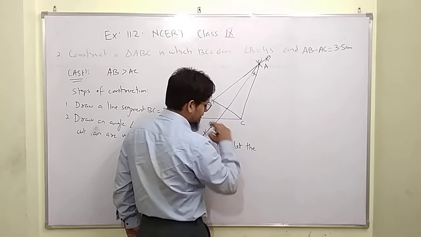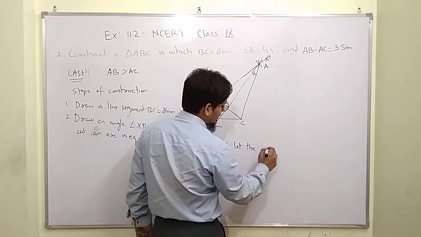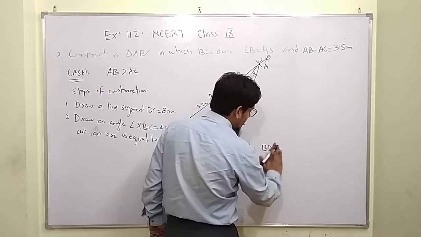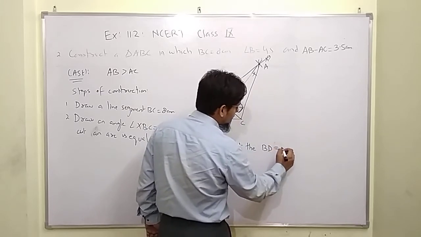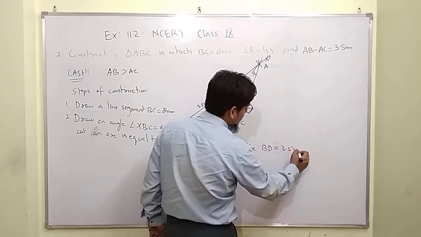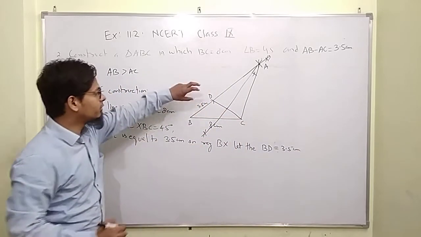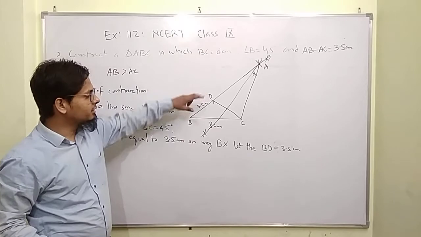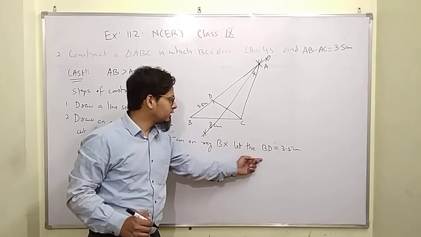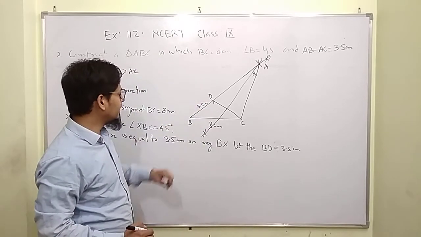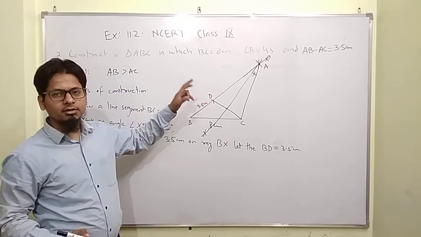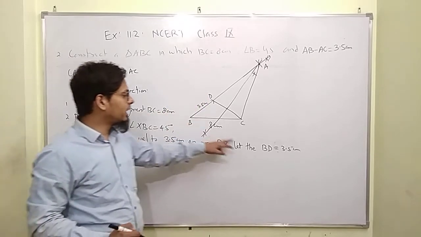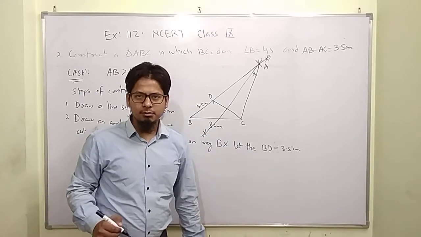Let BD be equal to 3.5 centimeter, right? Means wherever you cut an arc, this point is D, so this segment becomes BD. So I write it here: let the point D be where the arc cuts this ray, so that BD is equal to 3.5 centimeter.